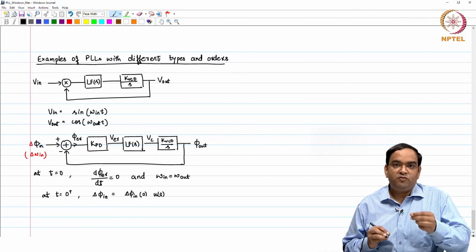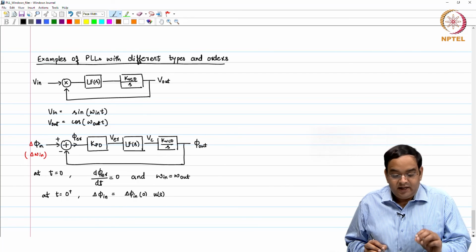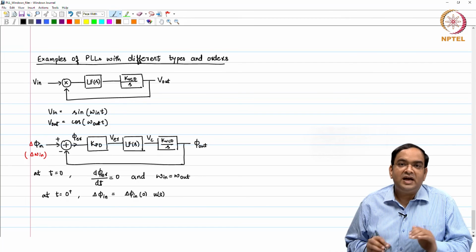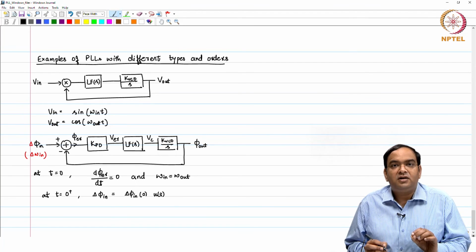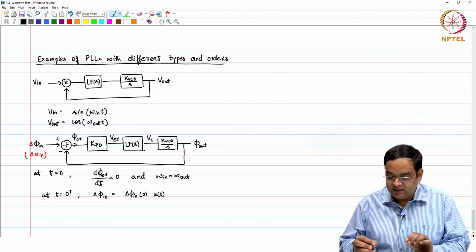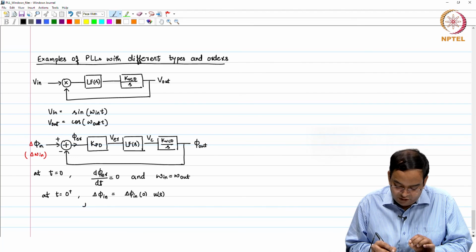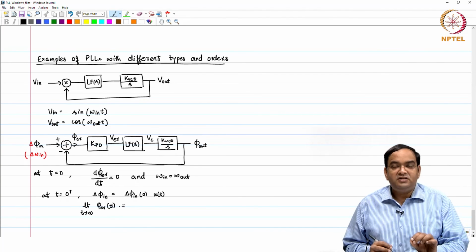This is just one kind of change which is applied to the PLL, and then we give it enough time such that all the transients die out, and we look at the PLL in a steady state, which is after enough time we would like to find what is the phase error in steady state. Why do we look at phase error in steady state?